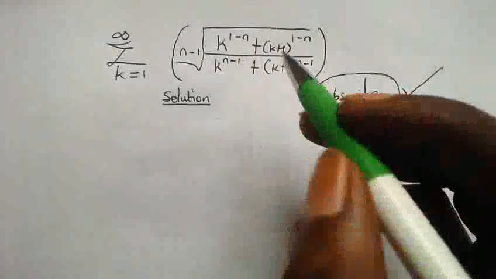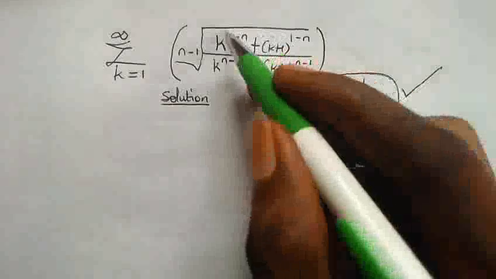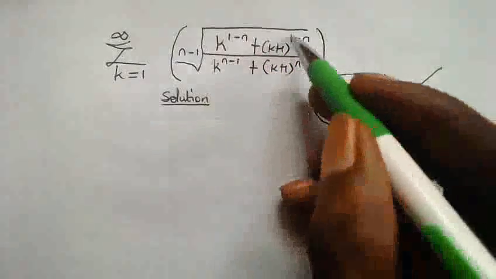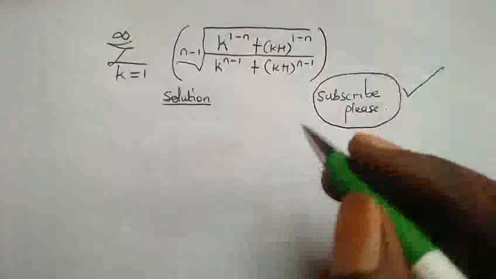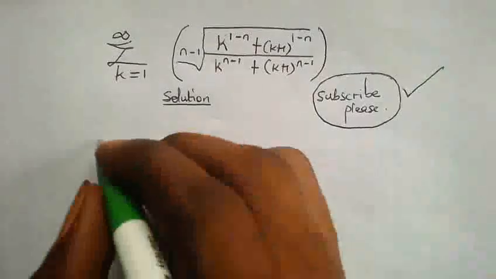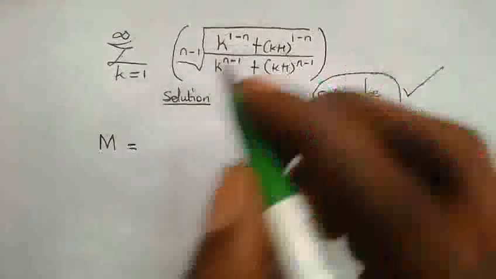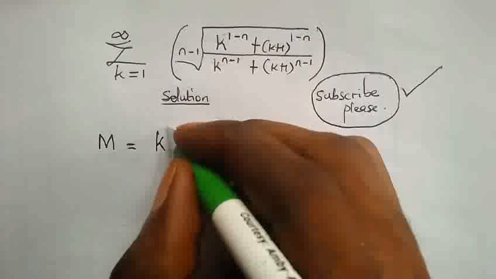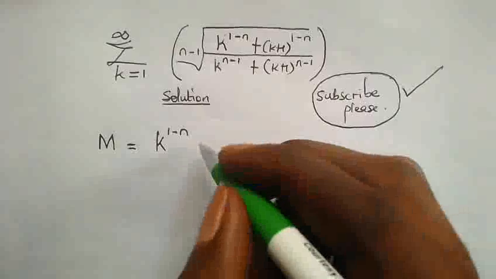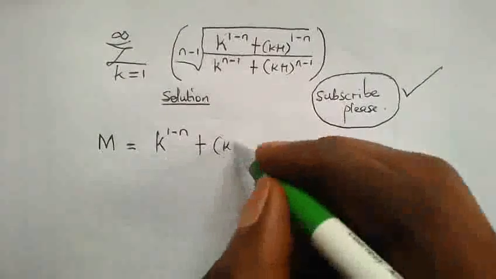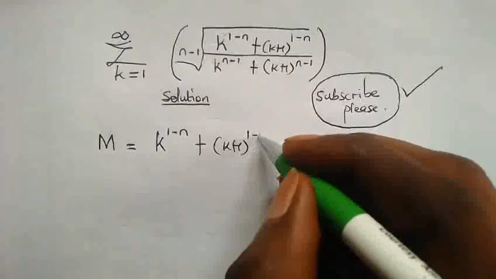So the first thing to do here is to try to simplify this expression. I'm going to start as follows. Here we let m be equal to the numerator, k raised to the power of 1 minus n plus k plus 1 raised to the power 1 minus n.